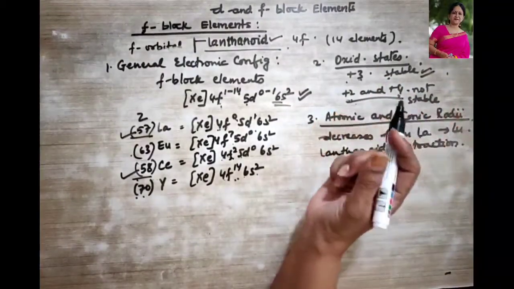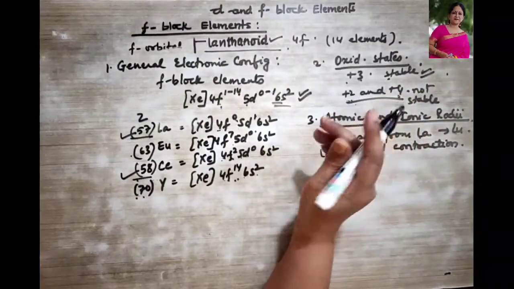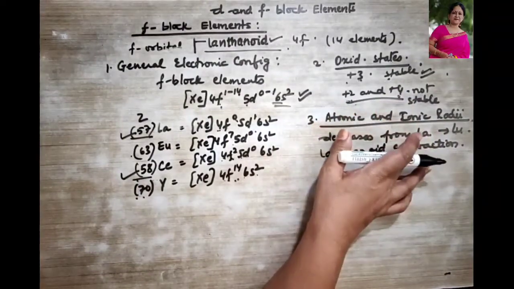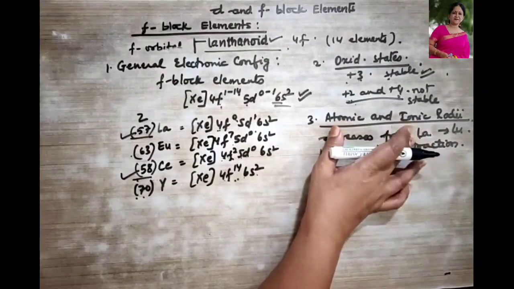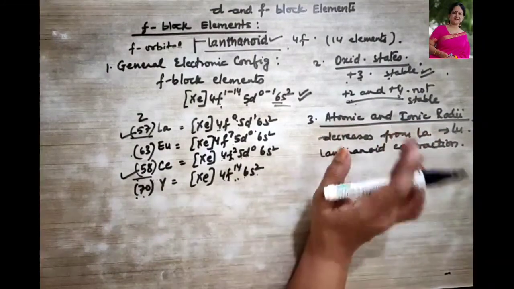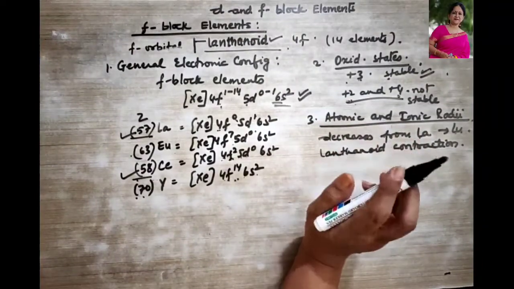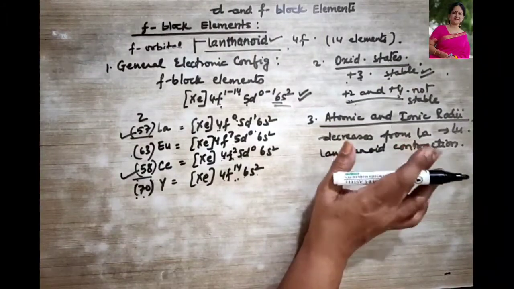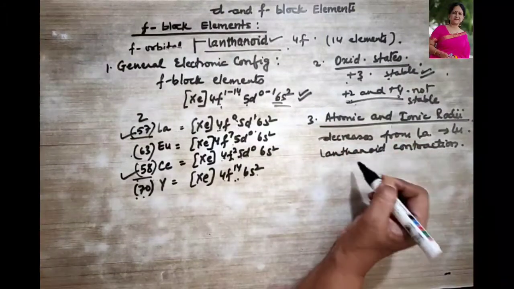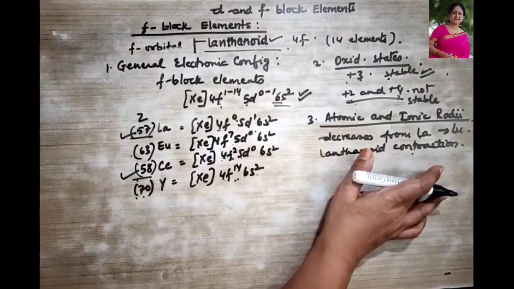Hence, the attraction of the nucleus for the outermost electrons increases, and this decreases the atomic size. This also happens due to the increase in the atomic number. Thus, due to the imperfect shielding of the 4f orbitals, the contraction in the electron cloud of the 4f subshell increases, and therefore they show lanthanoid contraction. I hope this is very clear to you.